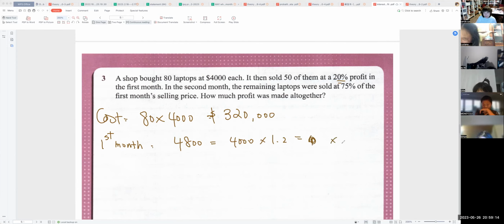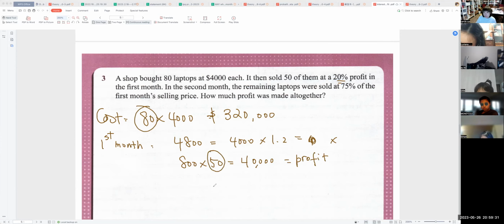So each of them, they're making $800, times 50, equals 40,000. That is a profit. 好，那老师问你，一共进了80台，卖了50台，现在还剩下多少台？还剩下30 computers. Okay.